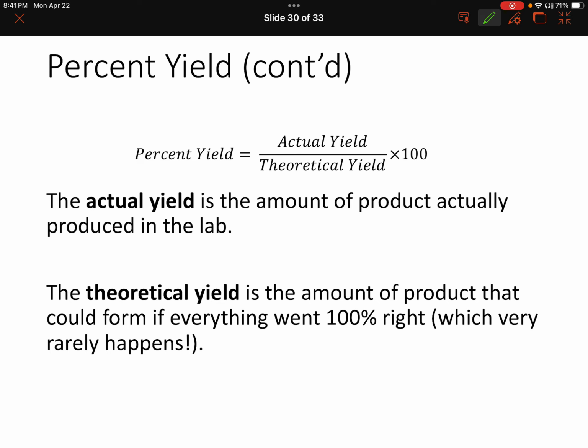So the actual yield in the numerator is the amount of product that you actually produce in the lab when you perform your experiment. And then the theoretical yield in the denominator is the amount of product that could form if everything goes 100% right, which of course very rarely happens. And the theoretical yield is calculated.